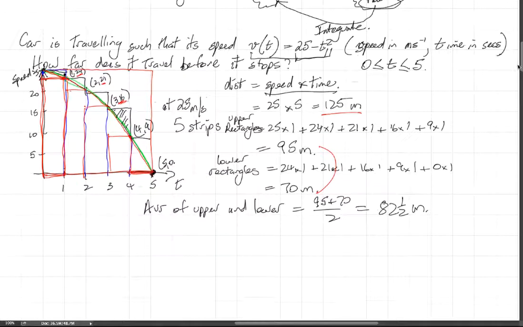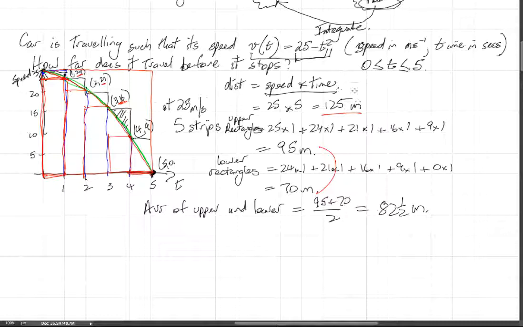You could see that it's a marked improvement on one strip. We just did the 25 times 5 and found the area of that rectangle, got 125. We've come down to 82.5, which is going to be fairly close. The more strips, the better. And integration.